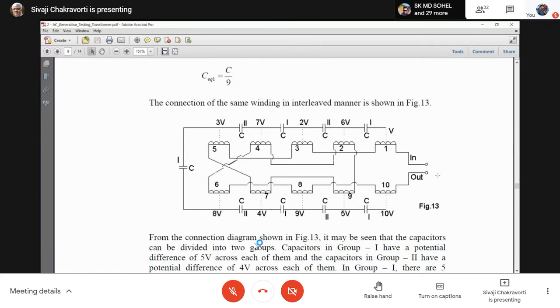Then from 9 I come back to 2, then 4, then 6, then 8, then 10. This is called the interleaving of the winding. What is the net result? Because physically nothing is changed, the capacitance remains C, because C depends on area and distance. So we are not changing anything.